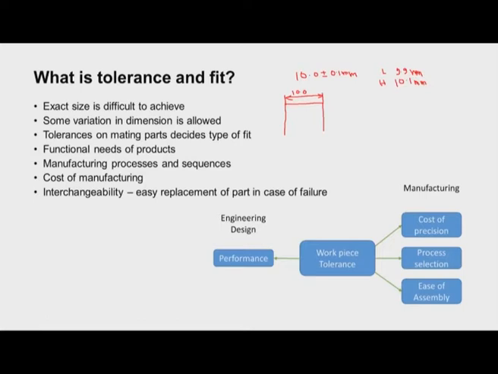be acceptable. So, now, while specifying the tolerances, we should see what is the functional need of the workpiece. This is very important.